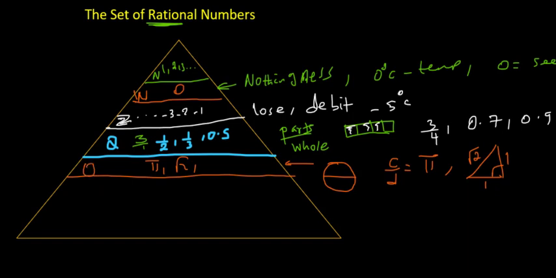That is called the irrational numbers. The combination of rational numbers and irrational numbers is expressed as the real numbers.